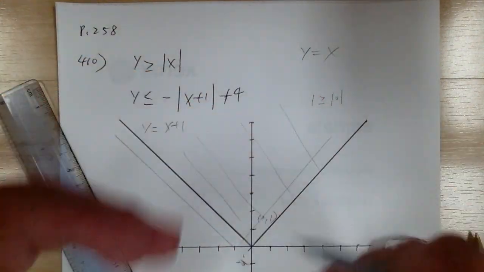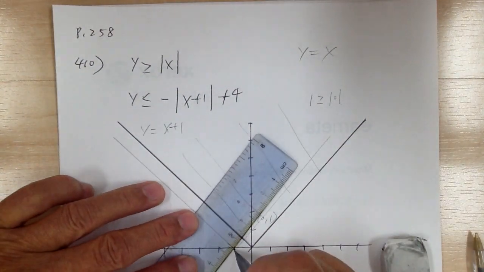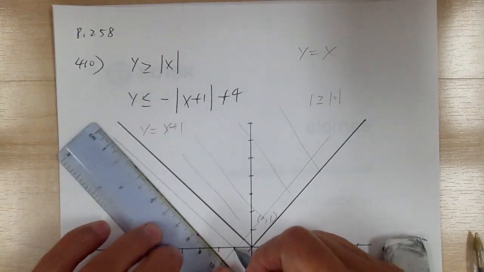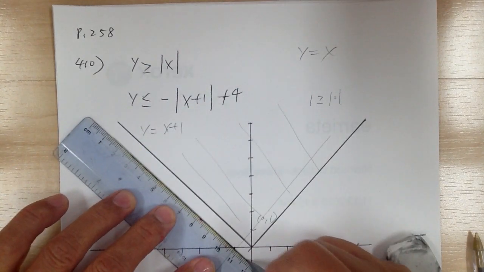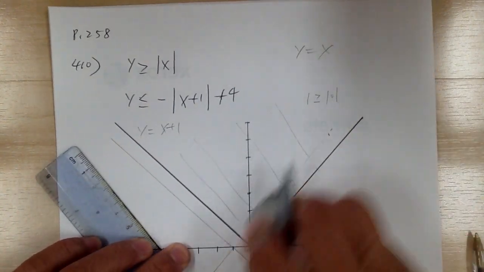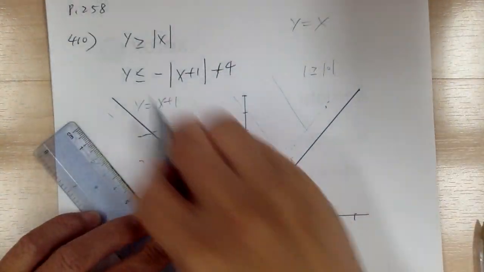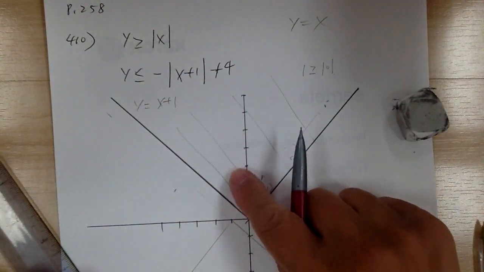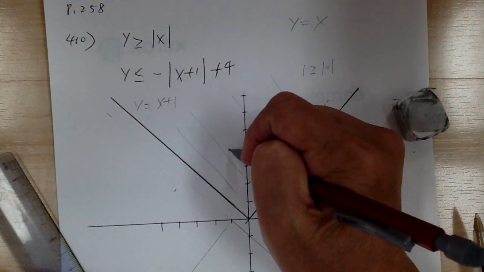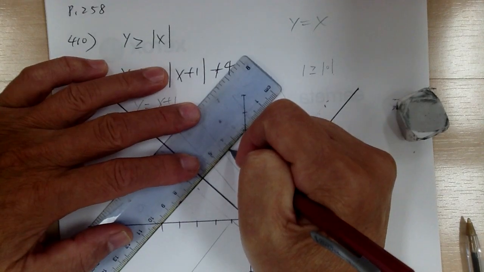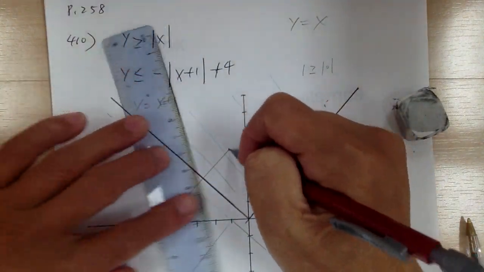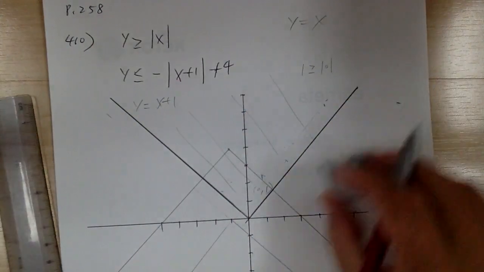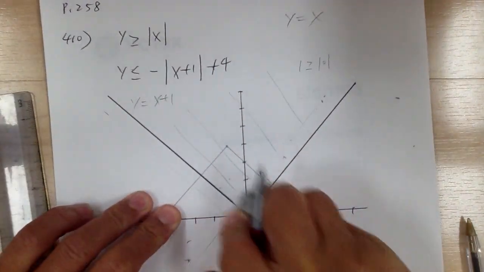Then it's negative, so you have to flip everything upside down. Okay, so it becomes like this. So that is this part right over here. Then you have to plus 4, so you have to go up 1, 2, 3, 4. Okay, so that's your graph right over here.